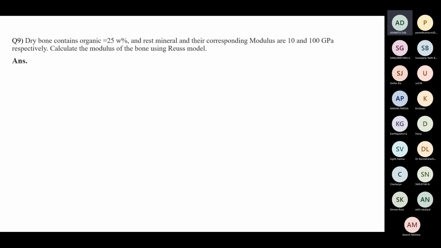So the fraction is 0.25 for organic divided by the modulus of the organic material, which is 10 as mentioned in the question, plus 0.75 divided by 100, which is for the inorganic as mentioned in the question. The modulus of the inorganic material is 100 GPa. From there, the 1 by EC value has come as 0.0325, that is 30.75 GPa. Now moving to the next question.